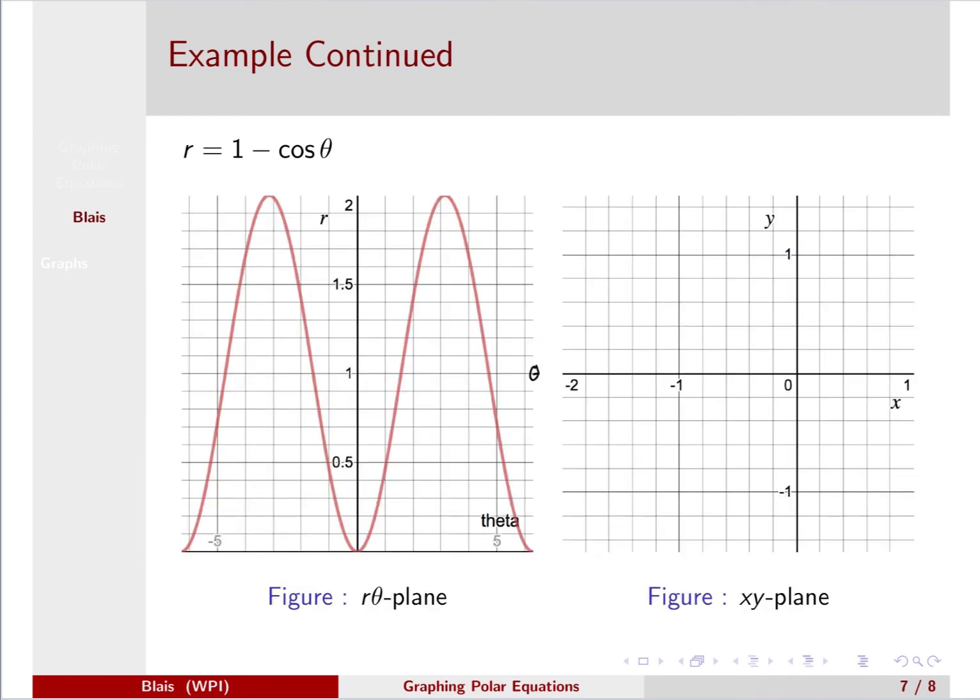So this is the same picture. And we have values. We have pi, 2 pi, minus pi, minus 2 pi, minus 3 pi over 2, minus pi over 2.